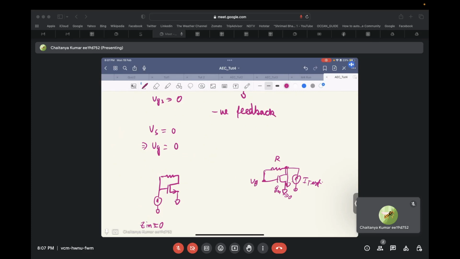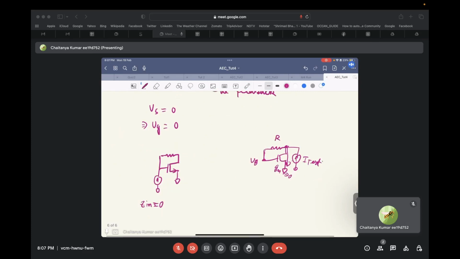Since the transistor has infinite Gm, it can sink as much current as it wants without actually increasing the controlling terminal, that is VGS. We can also go the other way around, solve this, get the actual output resistance, and show that if Gm tends to infinity, its impedance will be zero.